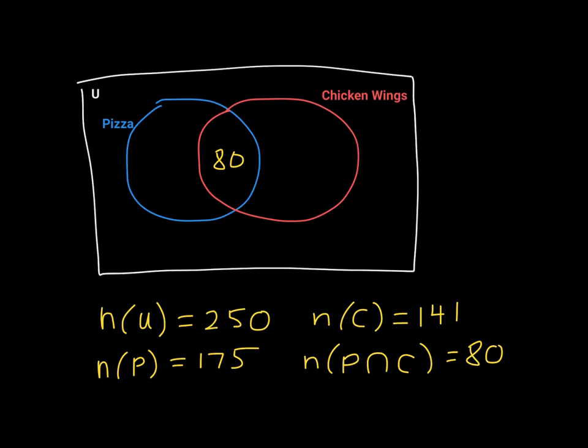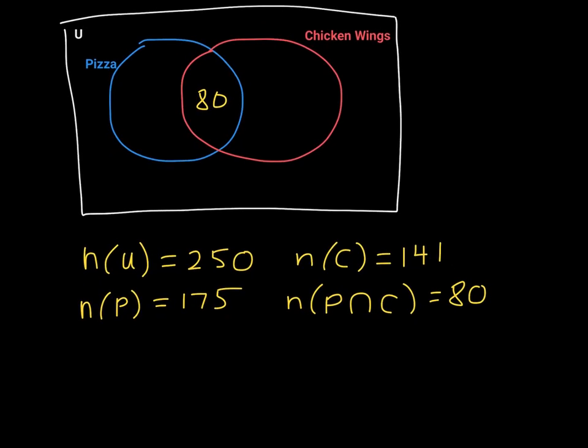So now we know that the number of people that ordered pizza is 175. But 175 is going to be equal to this region here plus this region here, correct? So this region here, which is 80, plus this number must give me 175 total.